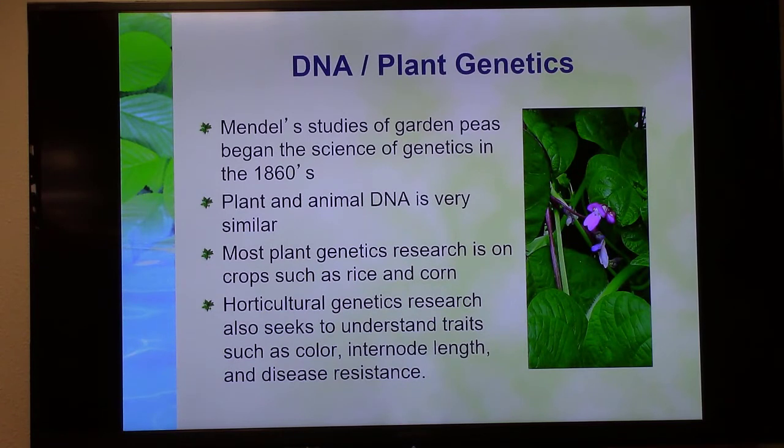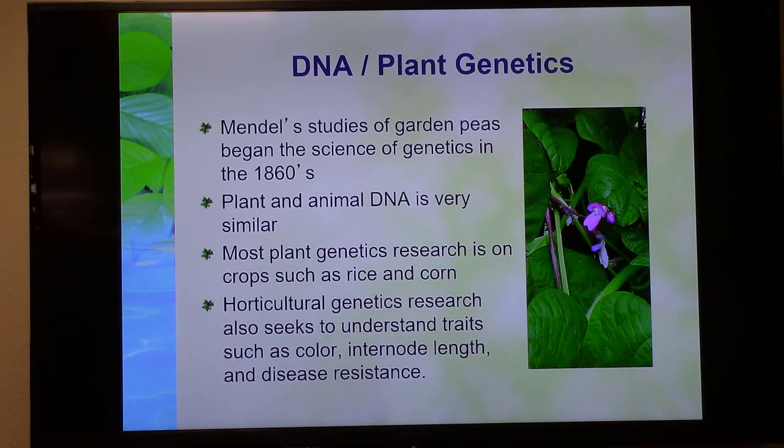And it's pretty amazing, because he studied 7 traits that turned out to be on 7 different chromosomes. And that matters, because when traits are close together, they're inherited in a different way. And how many chromosomes does a pea plant have? 7. So what are the chances that you would study 7 traits on 7 different chromosomes? It just worked out that way. Otherwise, he would have had results that were so confusing, he might never have figured it out.